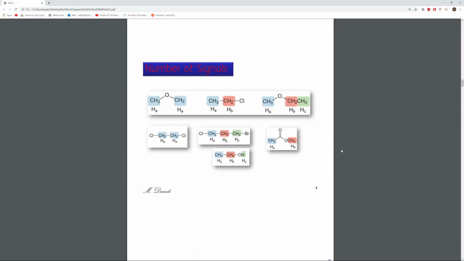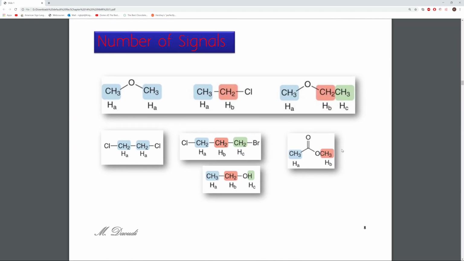So when we're looking at the signals, the number of signals that we have corresponds to the number of types of hydrogens that we have. How to tell if a hydrogen is different from another one is basically by looking at the different sorts of environments they're in.